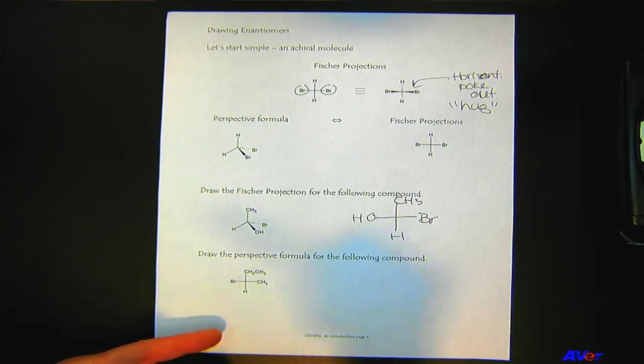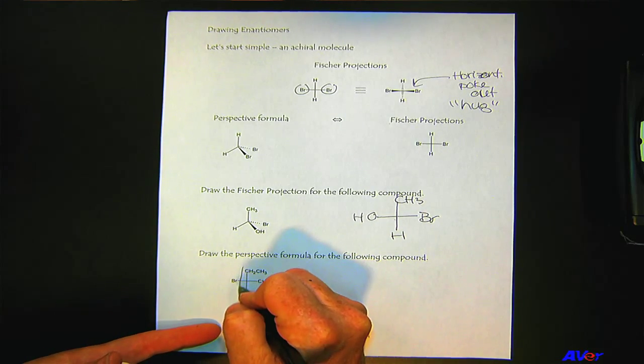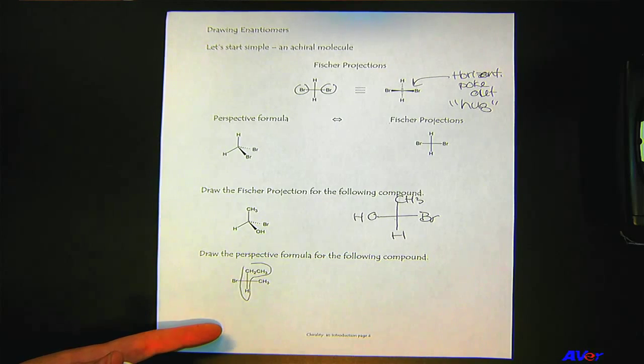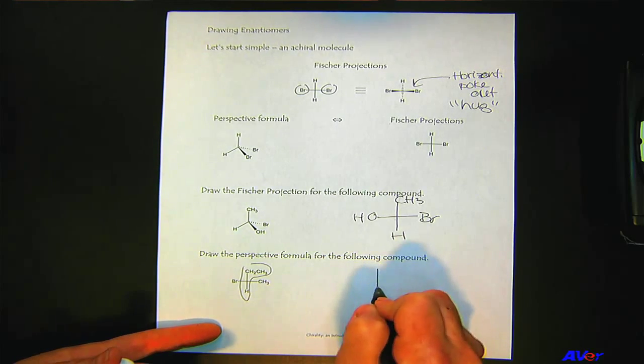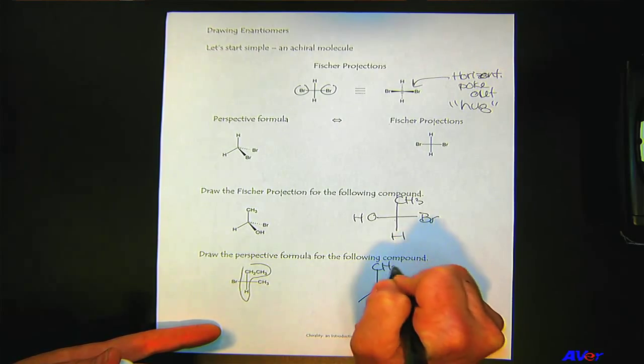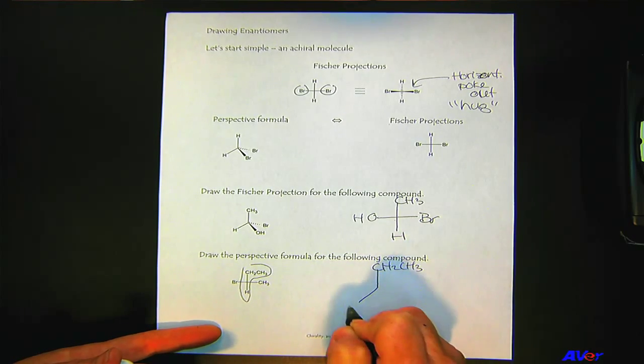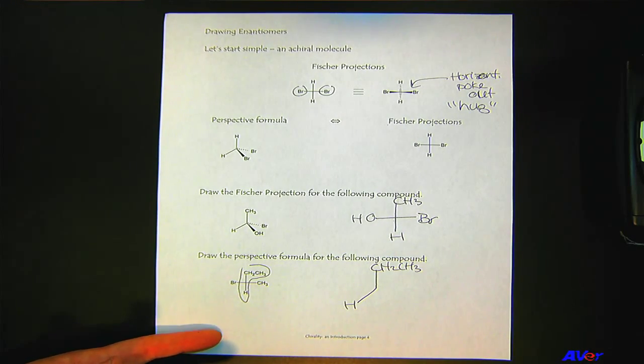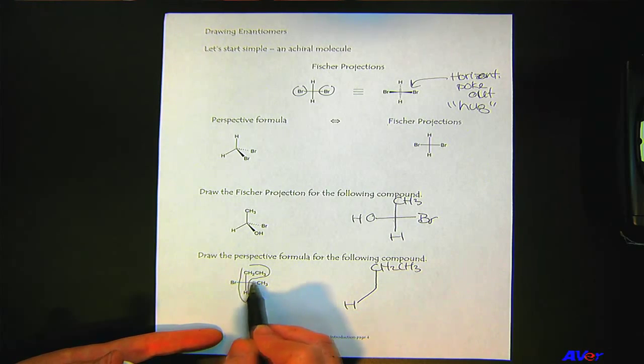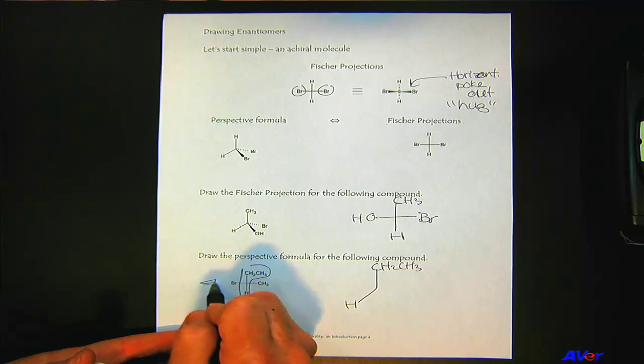So here we have the Fischer projection. Let's practice drawing the perspective formula. I'll give you a hint: put them in the same plane. There's our CH2CH3, and there's our hydrogen. Remember, these are the wedges poking out.